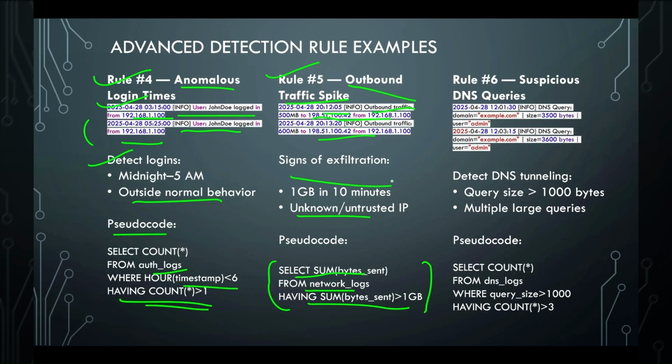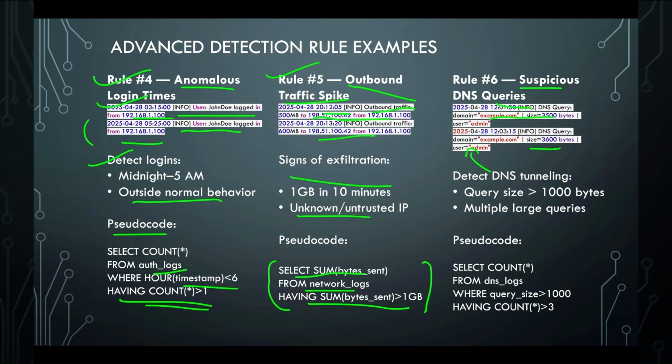And the last rule example we have is suspicious DNS queries, and the objective is to detect DNS tunneling or data exfiltration attempts via DNS requests. In the log here we have a DNS query going to domainexample.com with a size of 3500 bytes, and again the size is 3600 bytes, and the user is admin here.